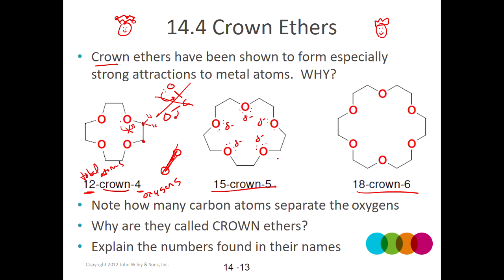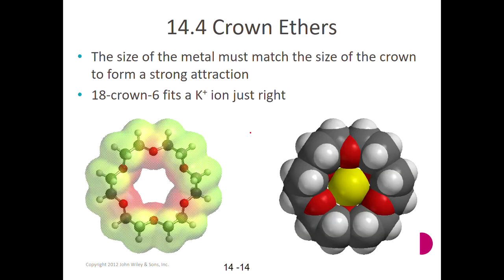And depending on how big it is and the distance that those lone pairs are from one another, that creates just enough space for a metal atom to fit in there and form a number of ion-dipole attractions that are actually really nice. So if the fit is right, you can fit a metal atom right inside that crown ether.